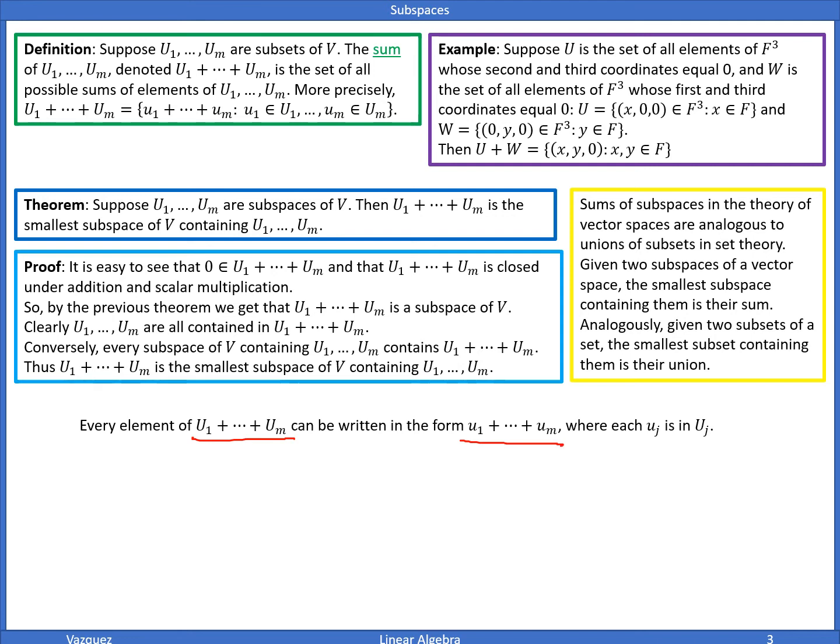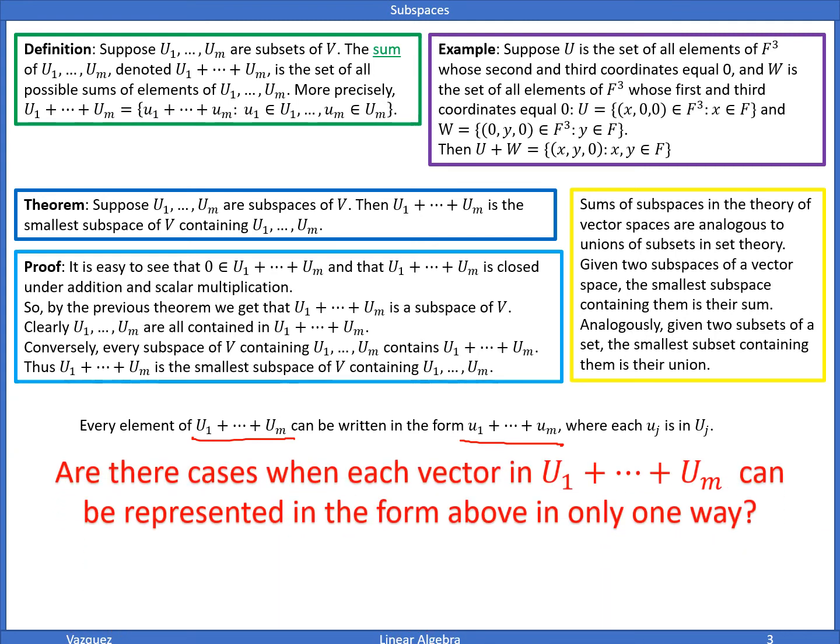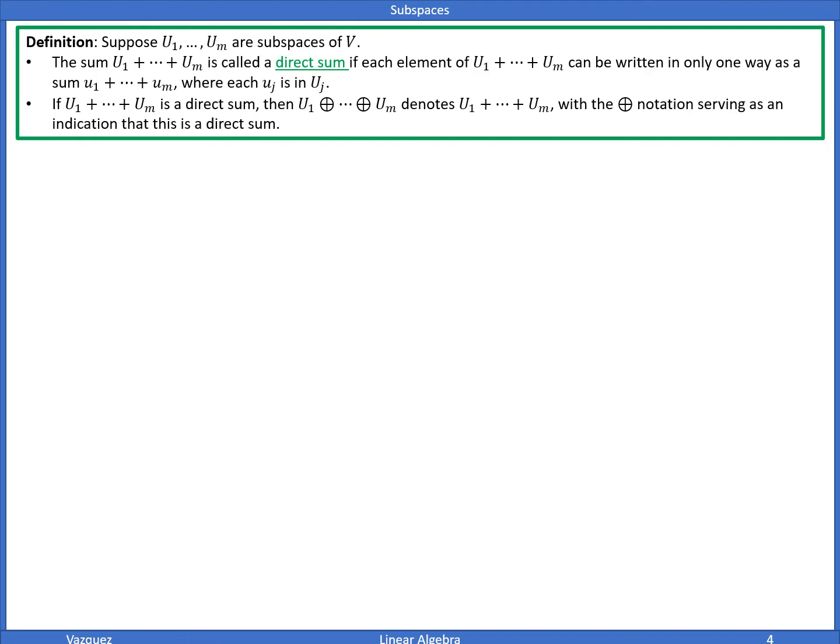That means it's unique, and that's so important. Oh, I guess I spoiled it. But the question was, are there cases when each vector can be represented in the form above in only one way? Well, yes, there actually are. And it's so important, we give it a name: direct sum.